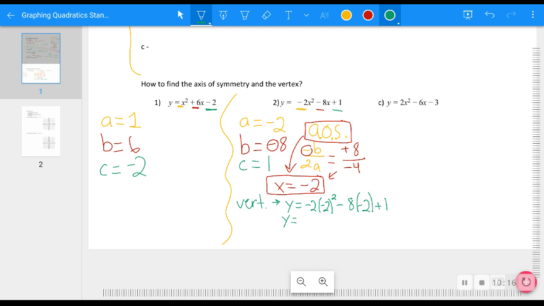So if we do that math, (-2) squared is going to become 4, minus -8 times -2 is positive 16, plus 1. And then if we combine all of that, we're going to end up with y equals 9. So then our vertex is going to be (-2, 9).